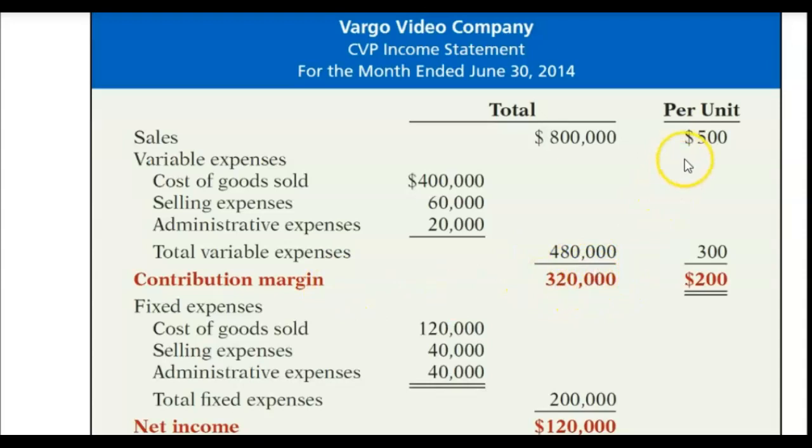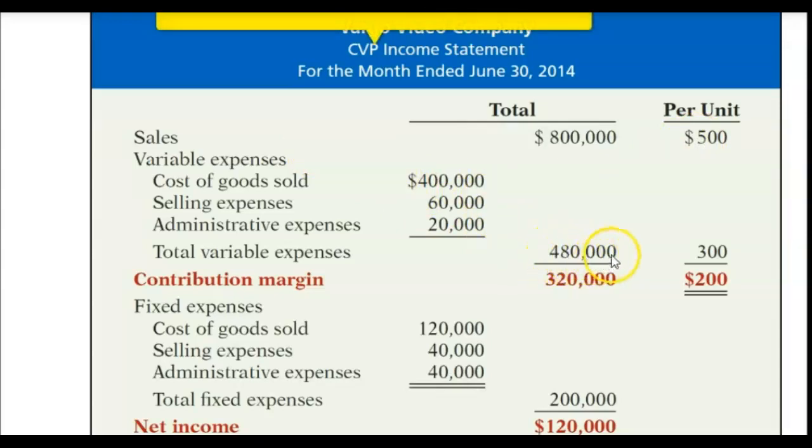I can also talk about the contribution margin per unit. The selling price was 500. The variable cost per unit, there were 1,600 units, and the variable cost is 480. So therefore, the variable cost per unit was 300. The contribution margin per unit is 200.